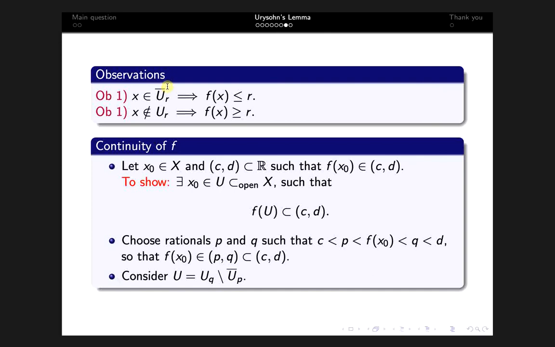That is the condition of this collection of open sets U R. And x belongs to U R closure, that means x also belongs to U R prime.